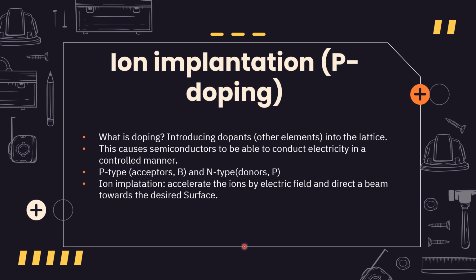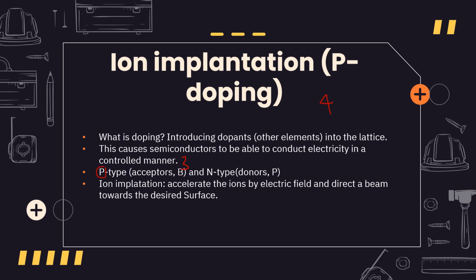So the two types are p-type. In this type, we introduce an element that has a lower number of outer shell electrons. For instance, boron has just 3 outer shell electrons, while silicon has 4. This causes the movement of holes, and so p-type stands for positive.